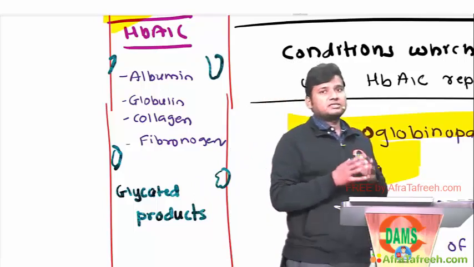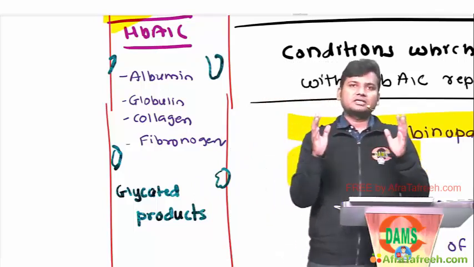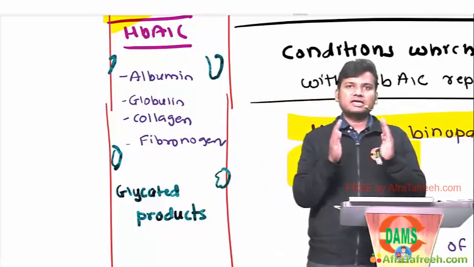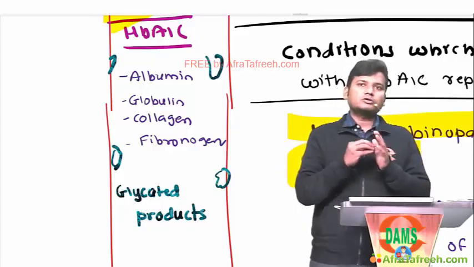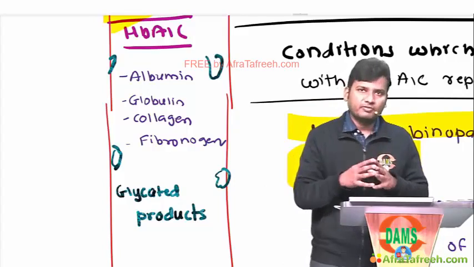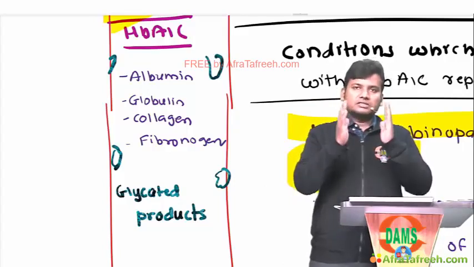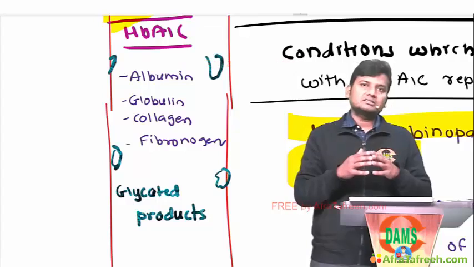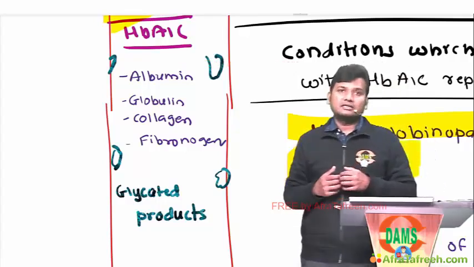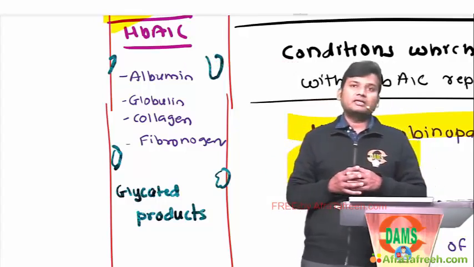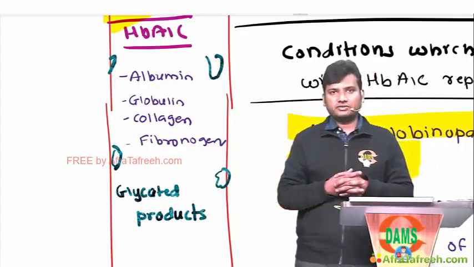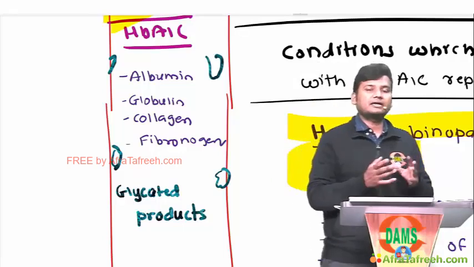Normal blood vessels are elastic in nature. The walls of the blood vessels can dilate and can constrict. Now because of the injury and the fibrosis, the elasticity of these walls will decrease, compliance will decrease, and these patients will have atherosclerosis of blood vessels because of these glycated products.